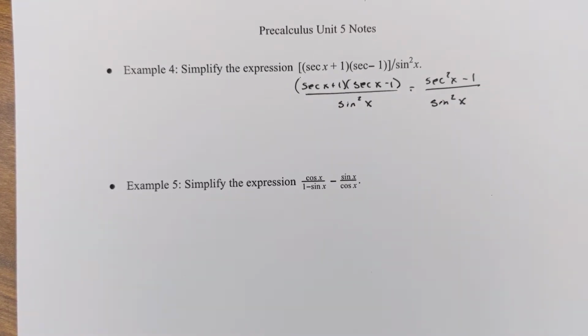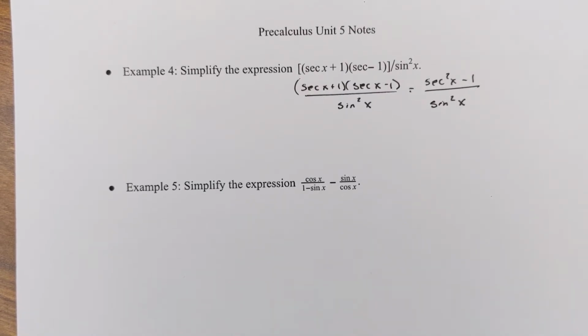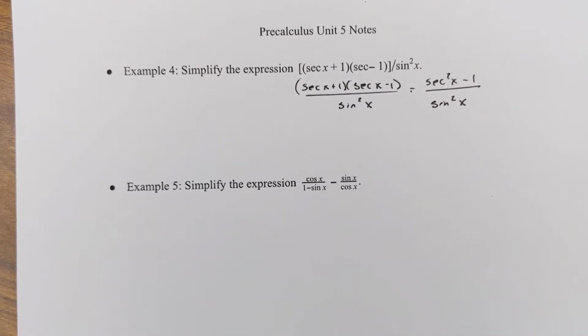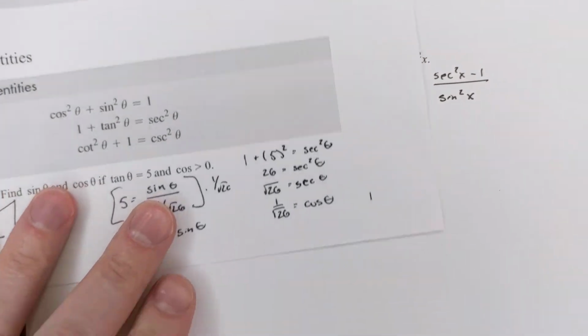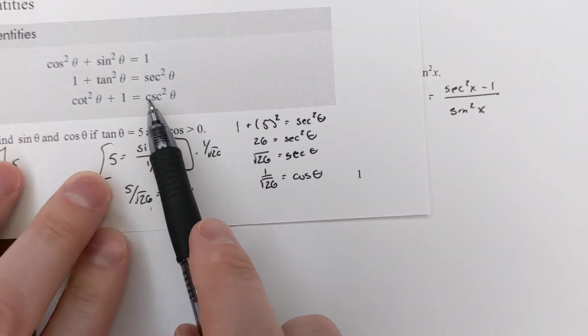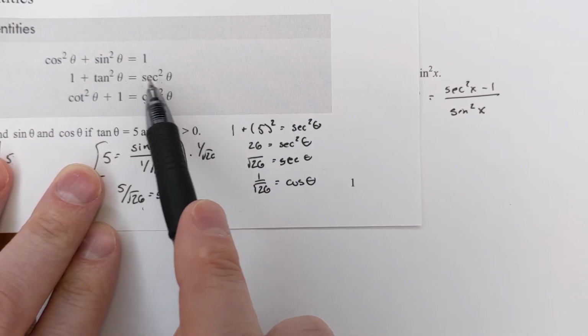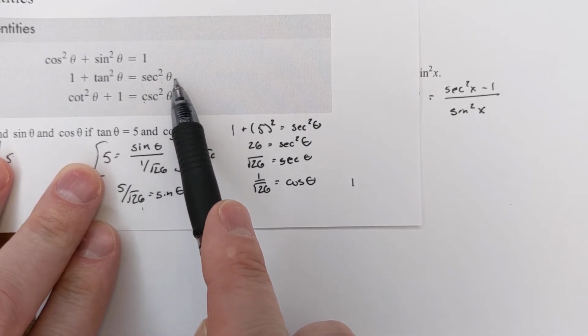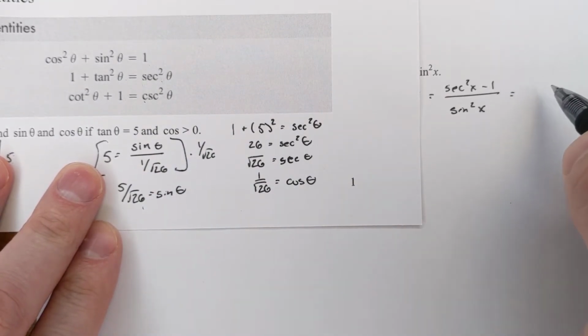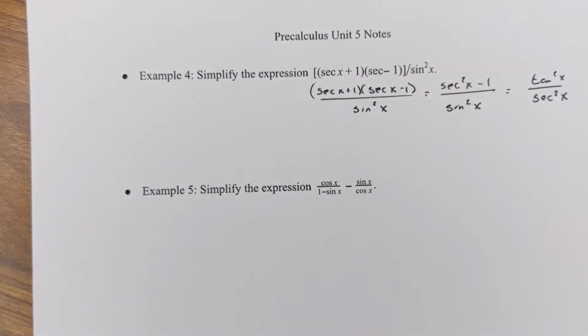The Pythagorean identity, let me grab the sheet again so I can point it out. It's actually a version of this one right here. If I move this 1 across, tangent squared is equal to secant squared minus 1. So this is the tangent squared over the sine squared.